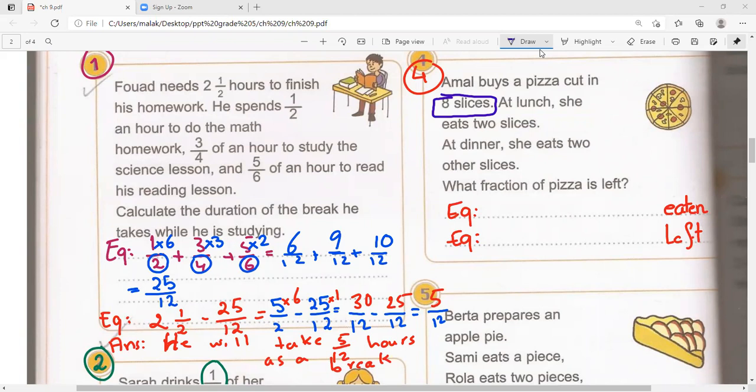So first equation, what do we have to do in order to know the number of pieces eaten by Amal? Teacher, your sound is deep.